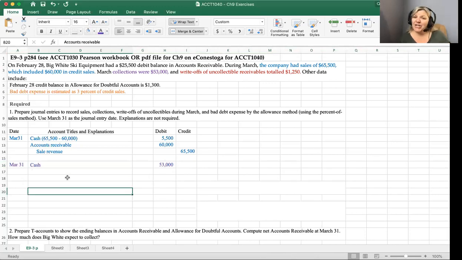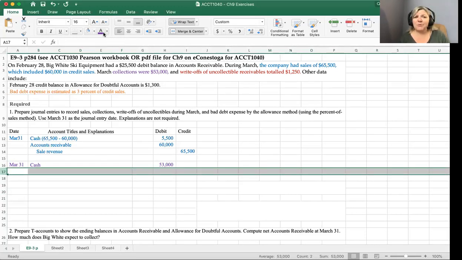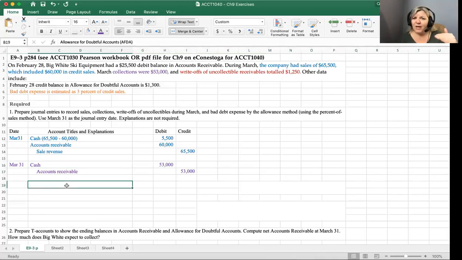So our cash is going up again on the debit side, so we're going to debit cash for $53,000, and these customers no longer owe us money, so we want to reduce the receivable. Receivables are normally debit, so to reduce it, we're reducing it on the credit side, giving us a credit for $53,000 for accounts receivable. The third one up here, write-offs of uncollectible receivables totaled $1,250.